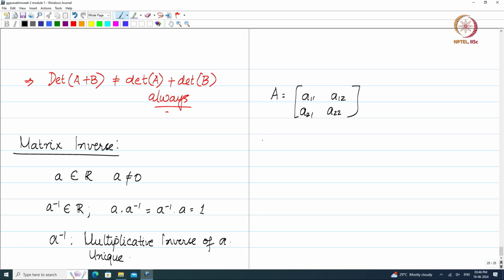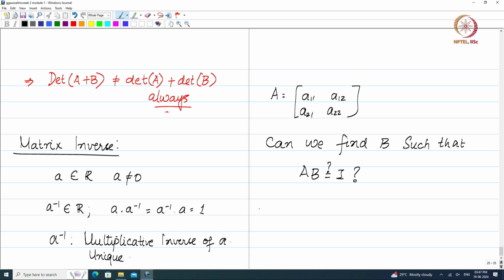We now ask the question, is it possible to find a matrix B such that the product of matrices A and B is equal to I, the identity matrix? That is, AB is equal to I? We put a question mark because we still do not know if it can happen.